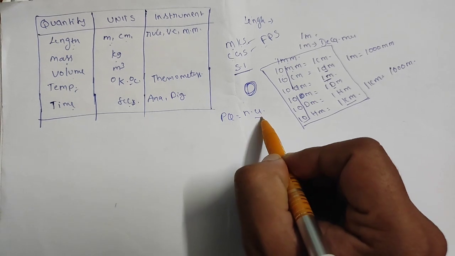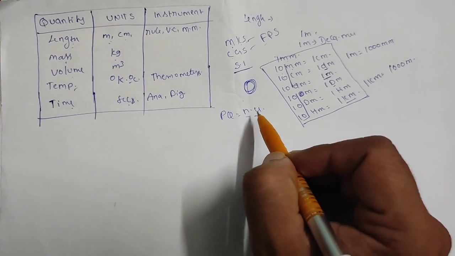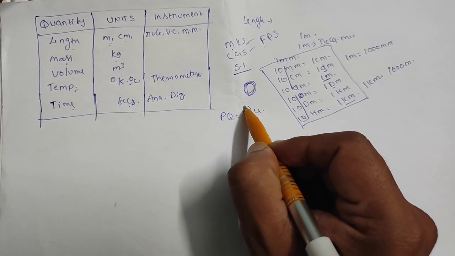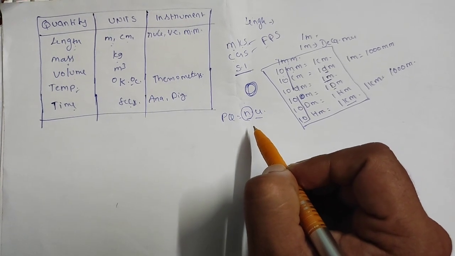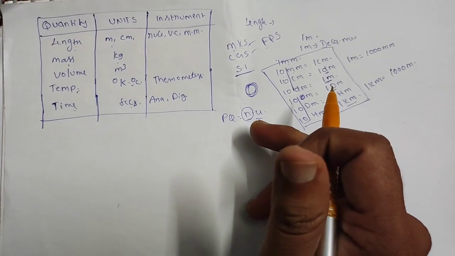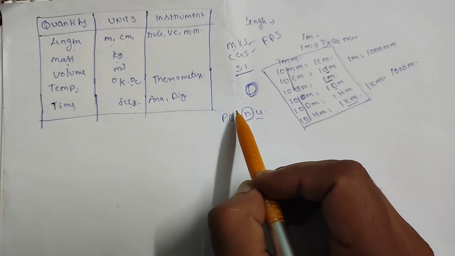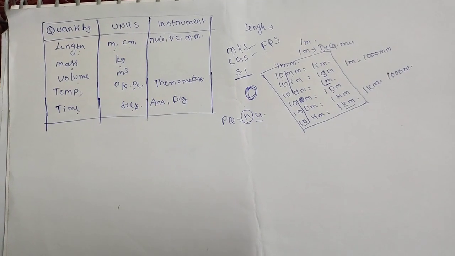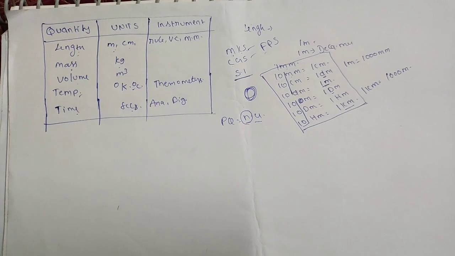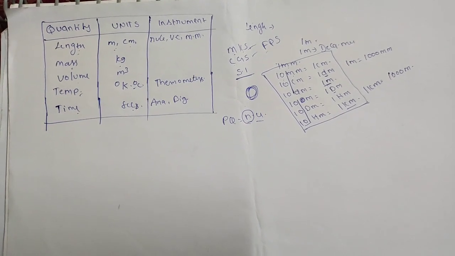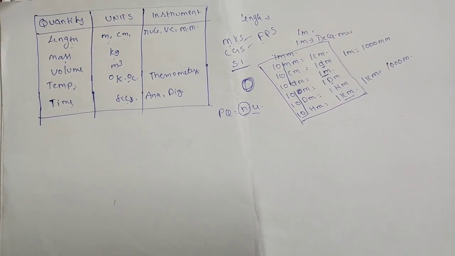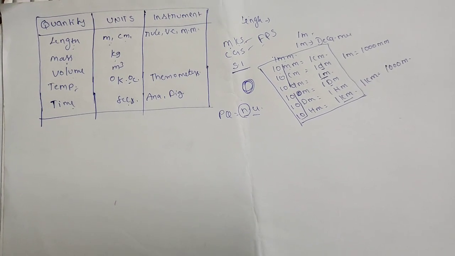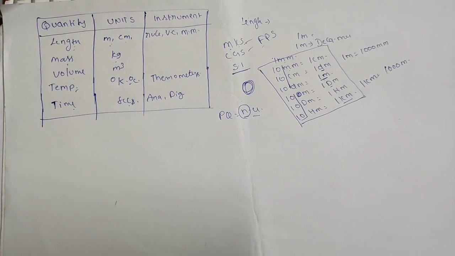To get a numerical value, you need some instrument to measure that physical quantity. Without any instrument, we may not be able to measure any physical quantity or get any numerical number. So that's the reason our instruments are very, very important.